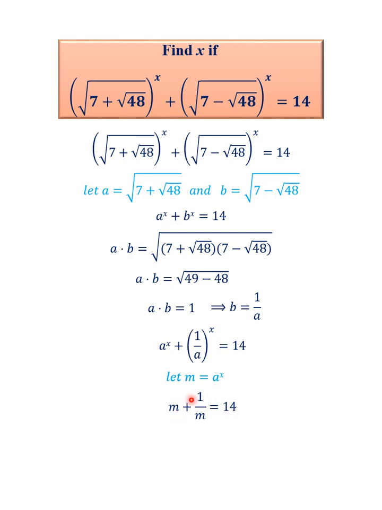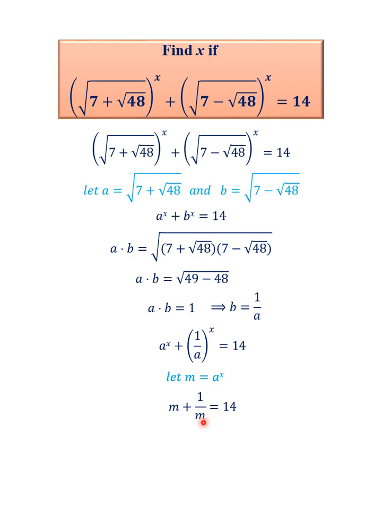It is easier to solve for m from here than to solve for A from here. So that's the reason why we have made A to the power of x equal to m. Remember, 1 to the power of x gives us 1. A to the power of x is m. That's why we have m plus 1 over m equals 14.